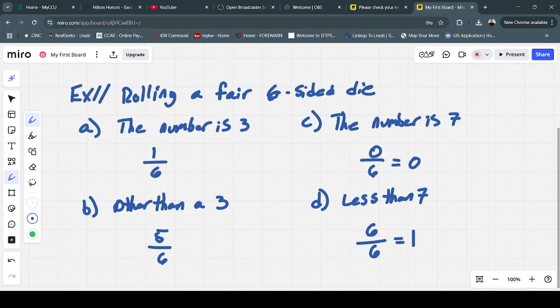The answer for not getting a 3 was the opposite, the 5 other numbers. So if we notice it's a complementary event, we can do some math magic to get the answer easier. If I know the probability of getting a 3 is 1/6, then the opposite has to be the other 5/6.